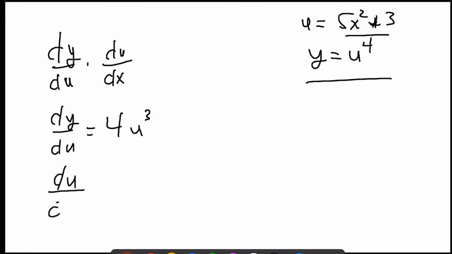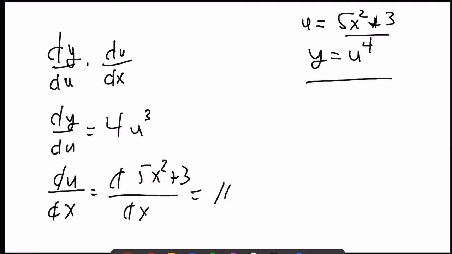du/dx equals d of 5x squared plus 3 over dx, which equals 10x. You with me on that? 10x, not 10s, 10x. Okay. So now you're like, wait, really?